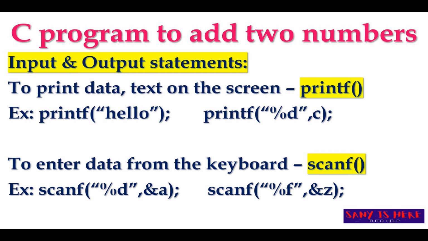Definitely you are going to use the ampersand operator. Ampersand means in address of A you are going to store the integer value, or scanf %f ampersand z I have written, which means in variable z you are going to store a fraction value. In the address of z you are going to store fraction value. Got it?